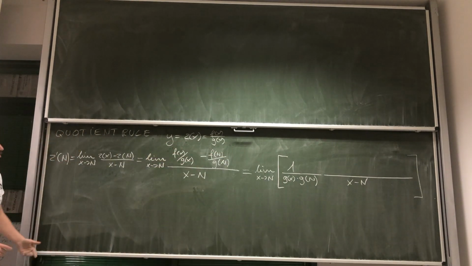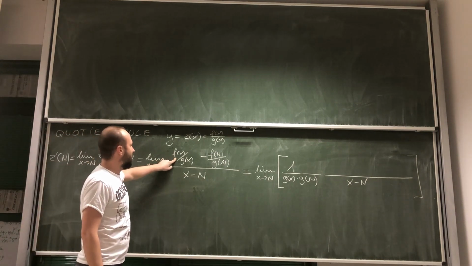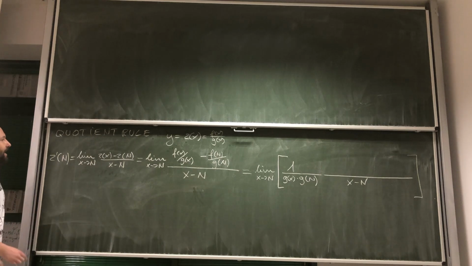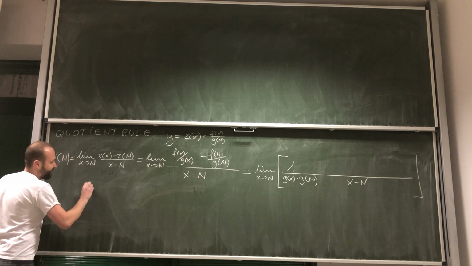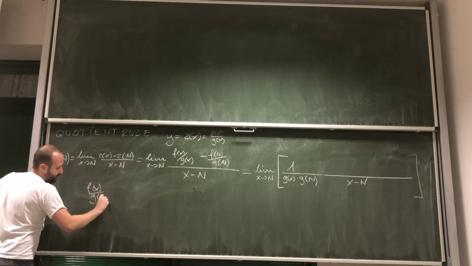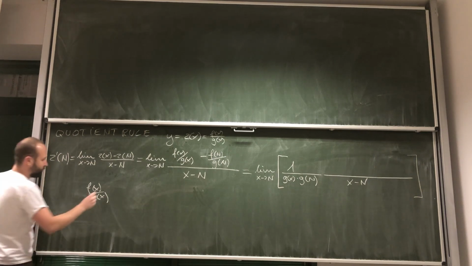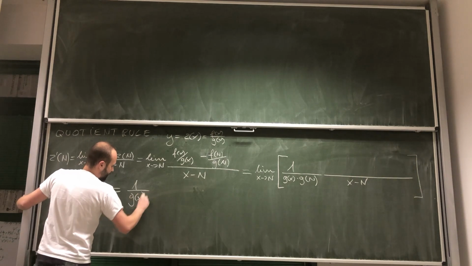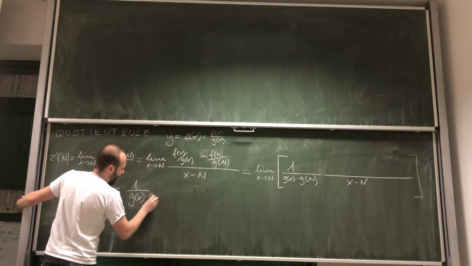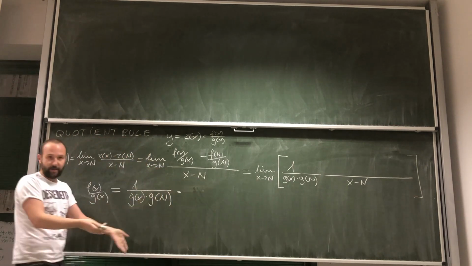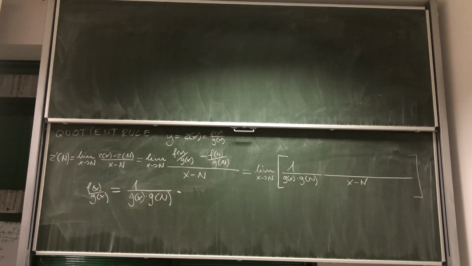So instead of this, what I need is that f of x over g of x must be equal to 1 over g of x times g of n times something, right? What is this something?